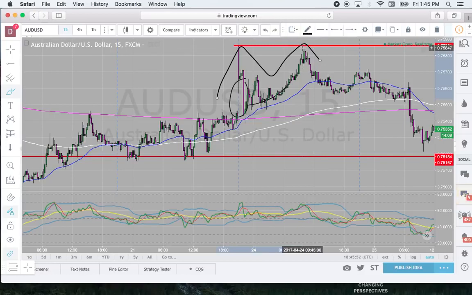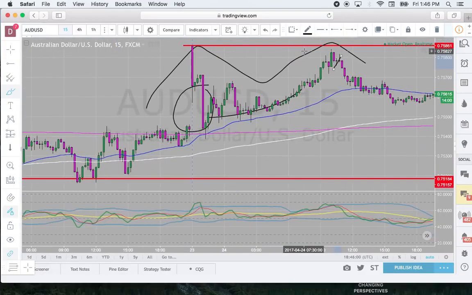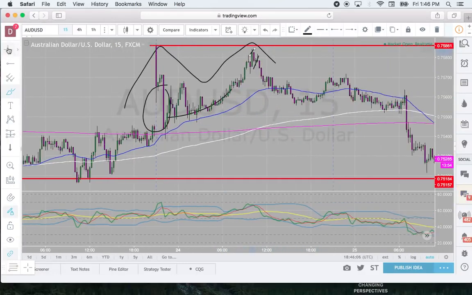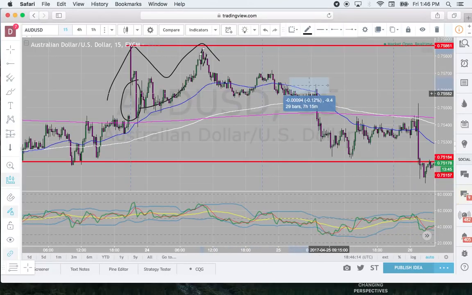You could have gotten in at the shift of the zone right here where you can see the railroad tracks, or you could have dared to get in at the very tip right there. But you can see the same thing. We can write it down, 20 to 30 pips or more.